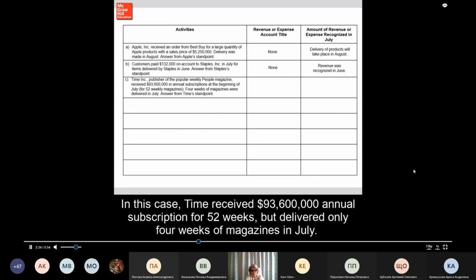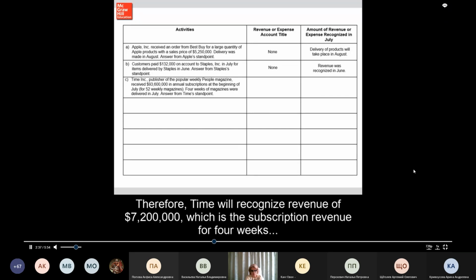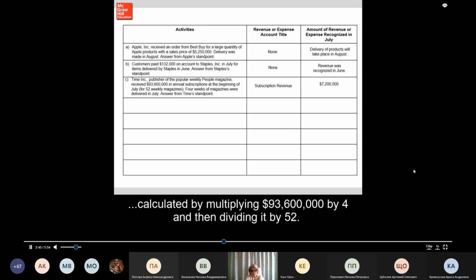In this case, Time received $93,600,000 annual subscription for 52 weeks, but delivered only 4 weeks of magazines in July. Therefore, Time will recognize revenue of $7,200,000, which is the subscription revenue for 4 weeks, calculated by multiplying $93,600,000 by 4 and then dividing it by 52.